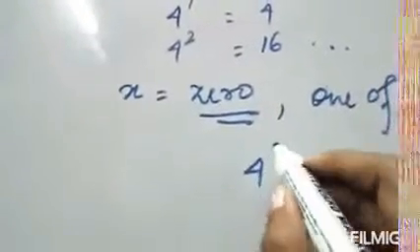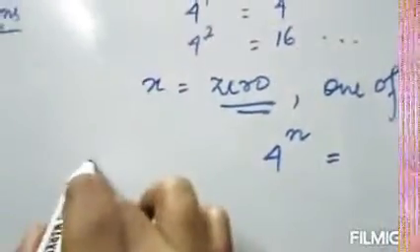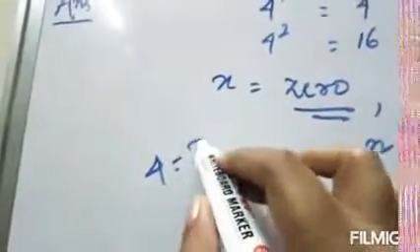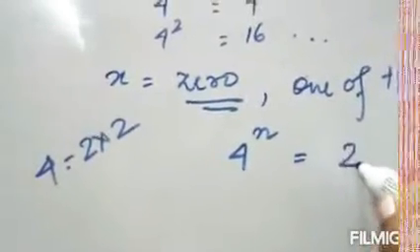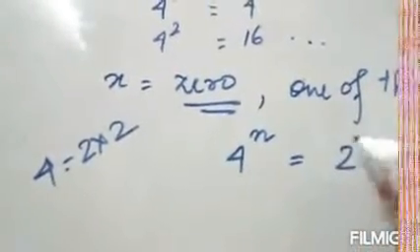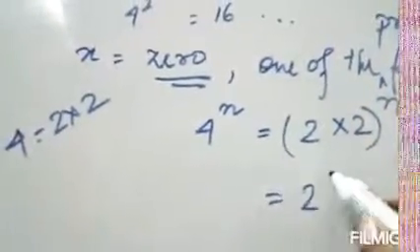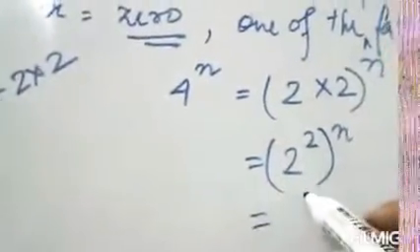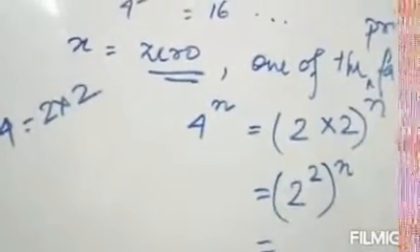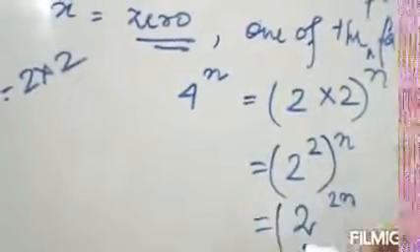But now see, if we write 4 to the power n, what will 4 be? 4 means, again we know, 2 into 2, right? So we can write (2 into 2) to the power n, or we can write 2 to the power 2n, right?